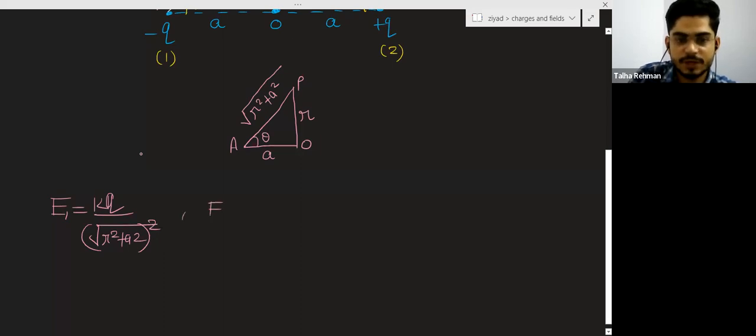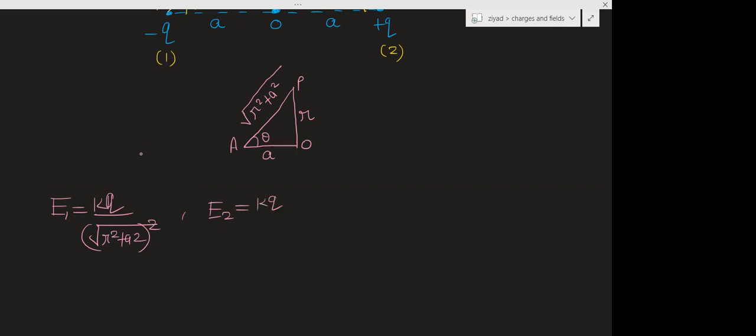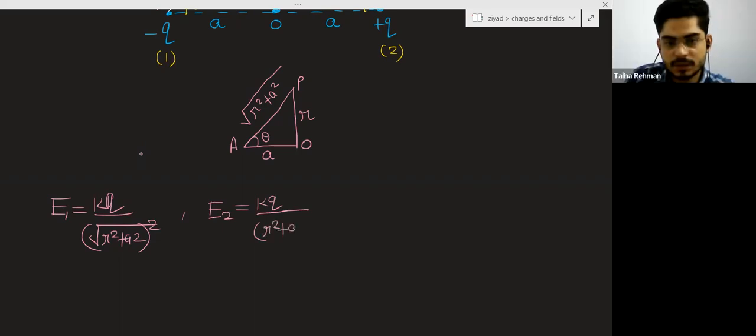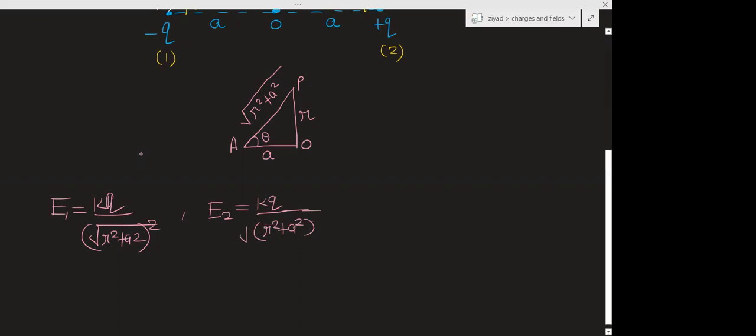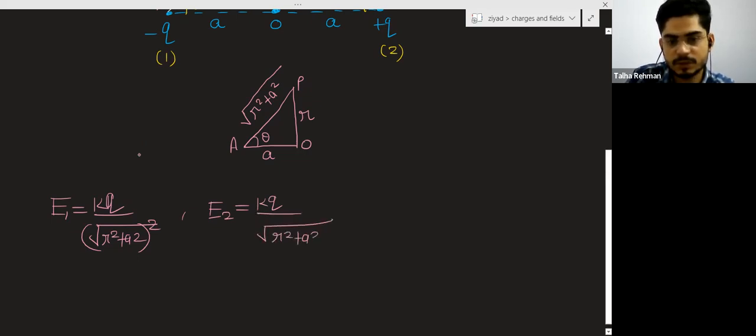So if you calculate E2, you will get KQ divided by under root of R square plus a square, and square of this.